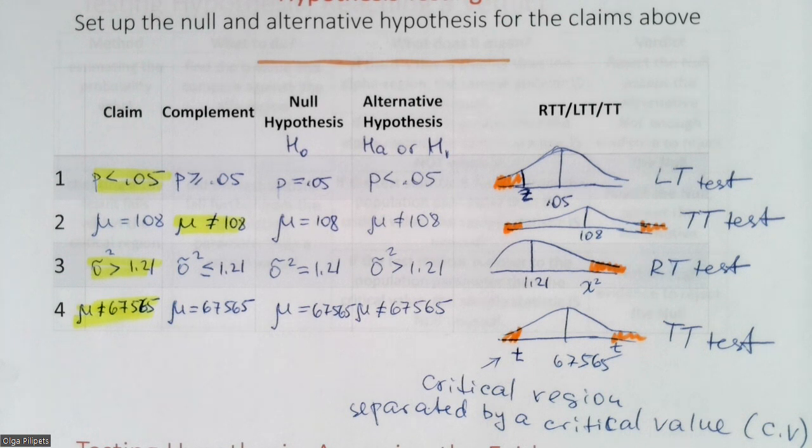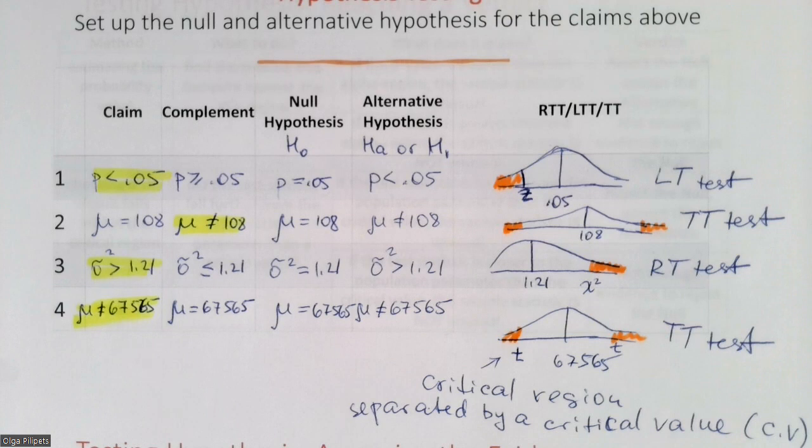And then in unit 10, we tuned in this idea a little bit, and we said we're going to specify unusual values a little bit more. We're going to say it depends on how confident you want to be in your results. Like if you want to be 99% confident, then 1% values are going to be unusual. If you want to be 95% confident, then 5% values are going to be unusual.